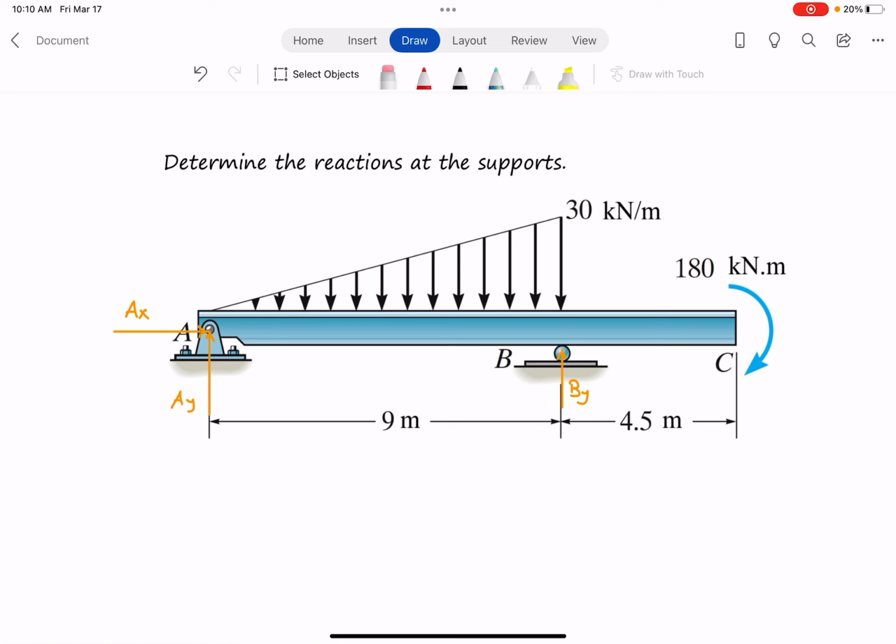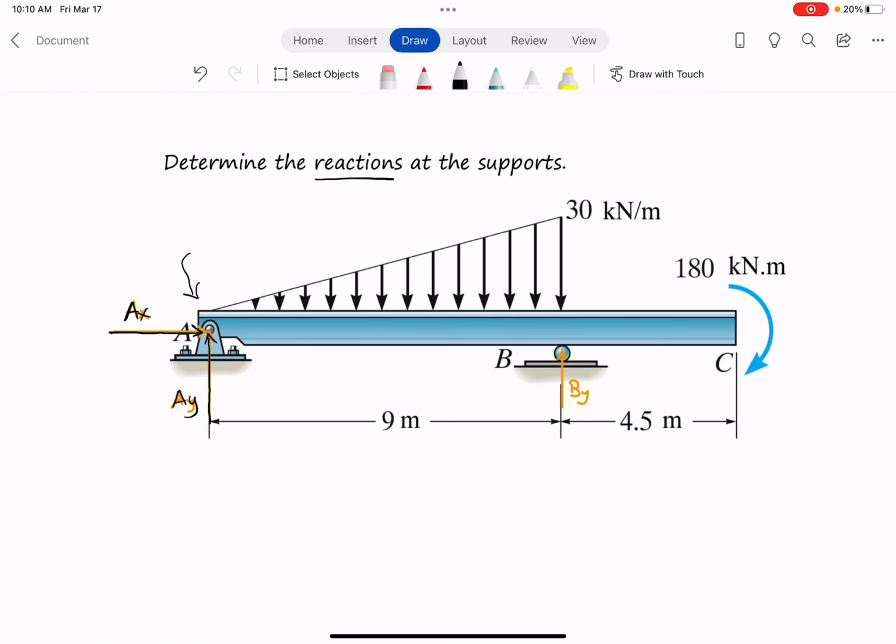Let's look at this problem. This is from an old exam problem. We need to determine the reaction at the supports. So we have a reaction here. This is the pin. This pin has a reaction on the x-axis. I call it AX. And there's a reaction at the y.